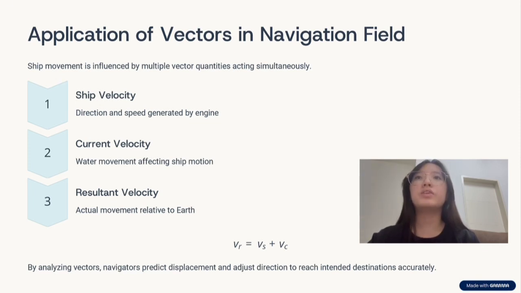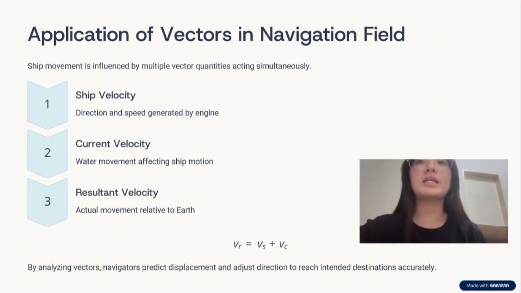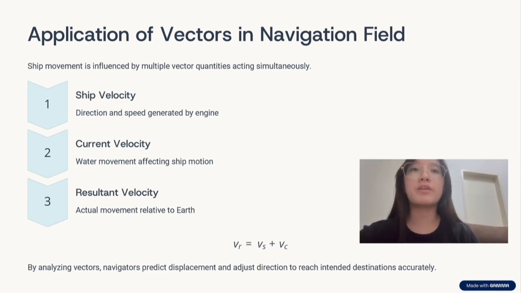Third is resultant velocity, the actual movement relative to Earth. By analyzing vectors, navigators predict displacement and adjust direction to reach intended destinations accurately.